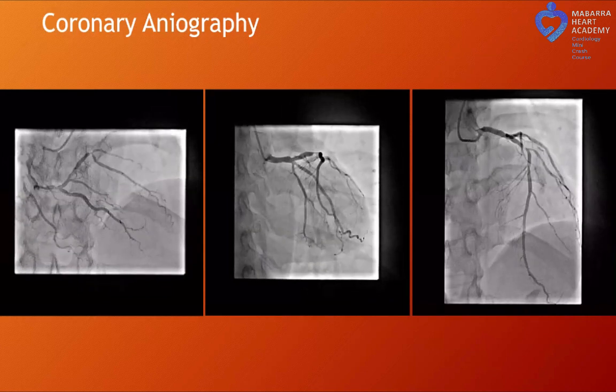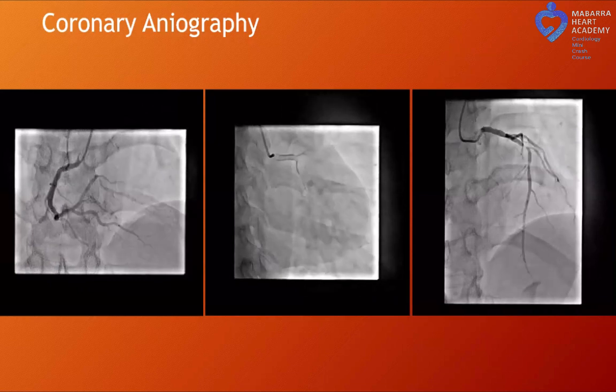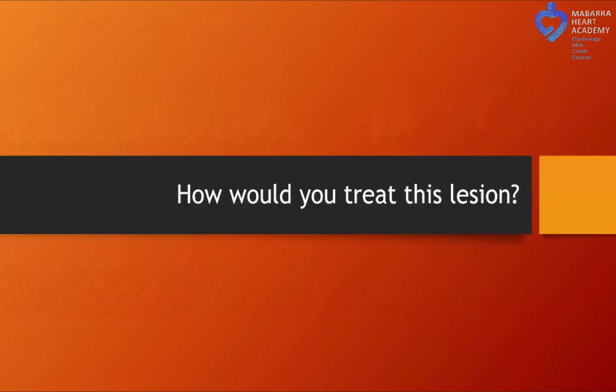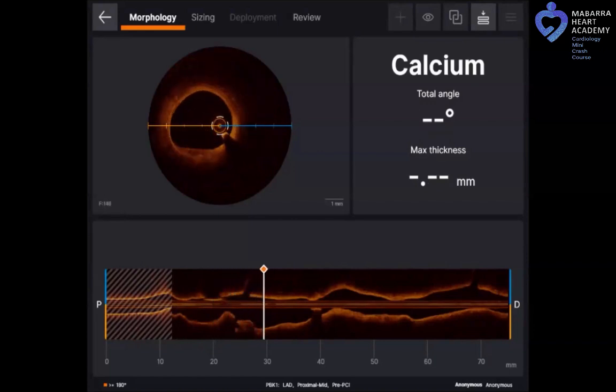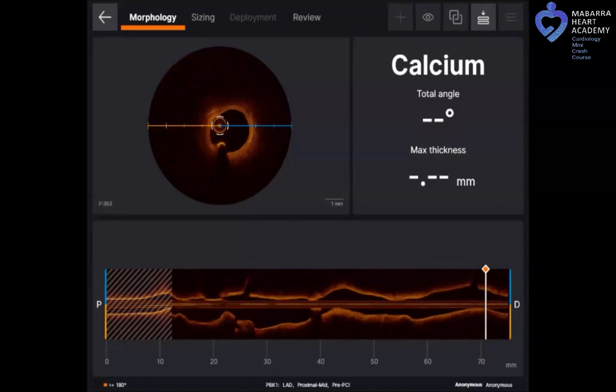So we decided to proceed with PCI, and we decided to proceed with intracoronary imaging. So an OCT was done, and this was the OCT run. This was the pullback, as you can see, from proximal to distal on the Ultreon.